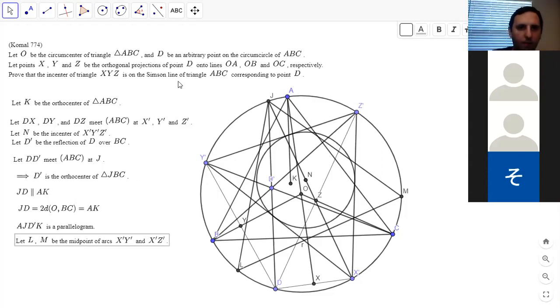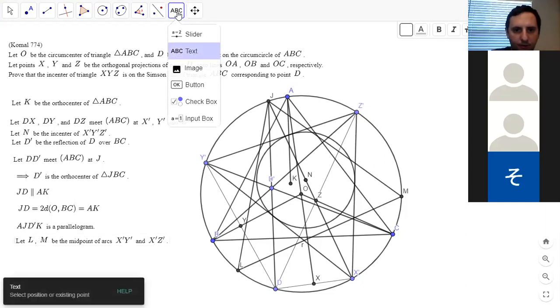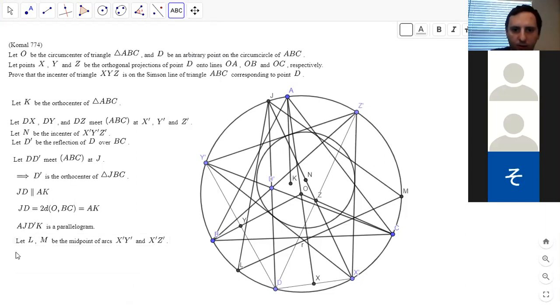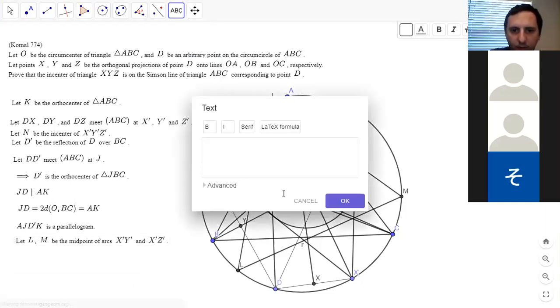Okay, so D prime is the incenter of D Y prime Z prime.